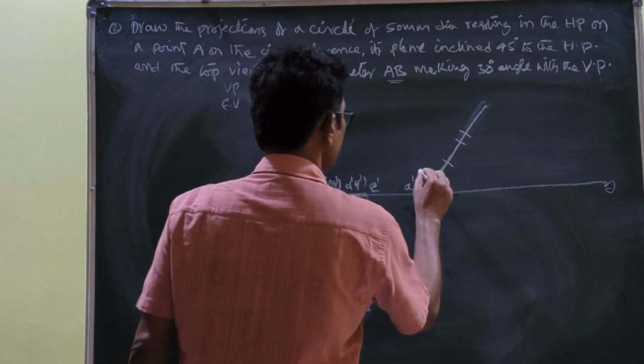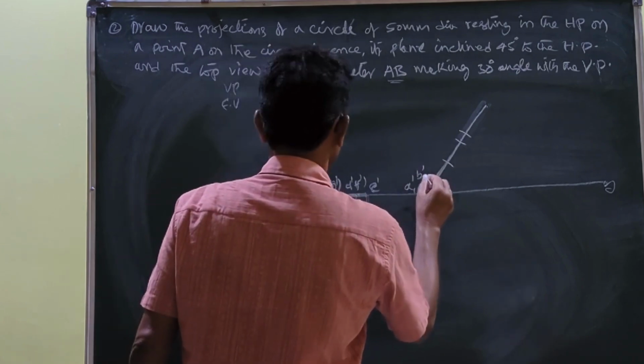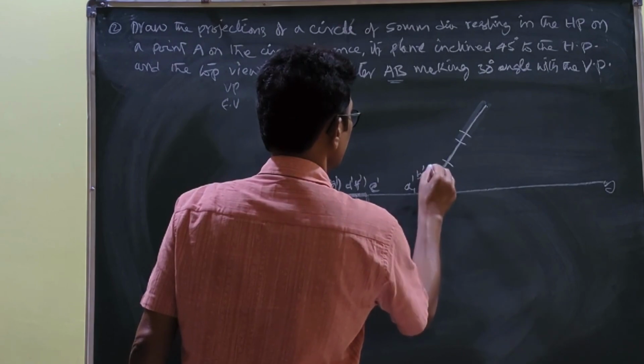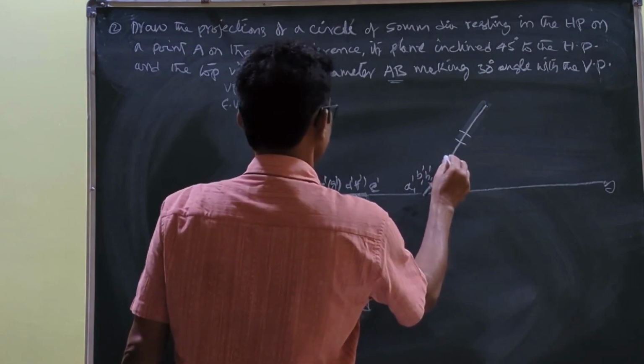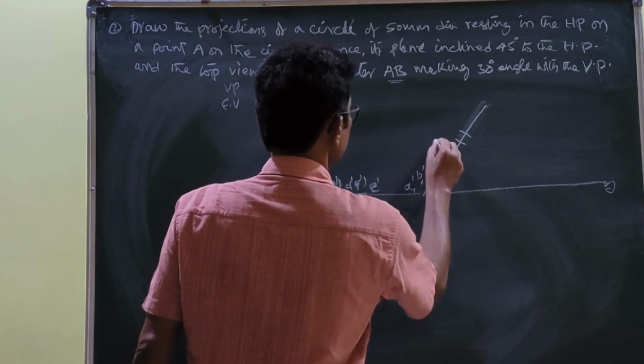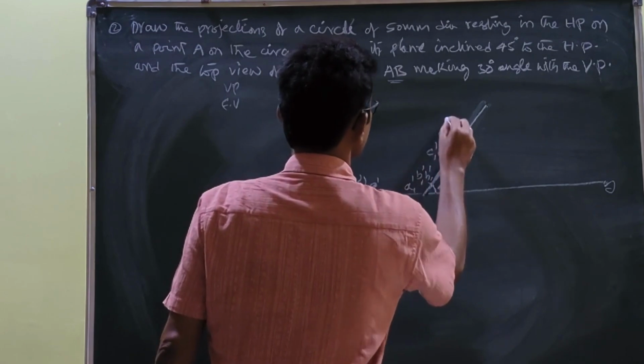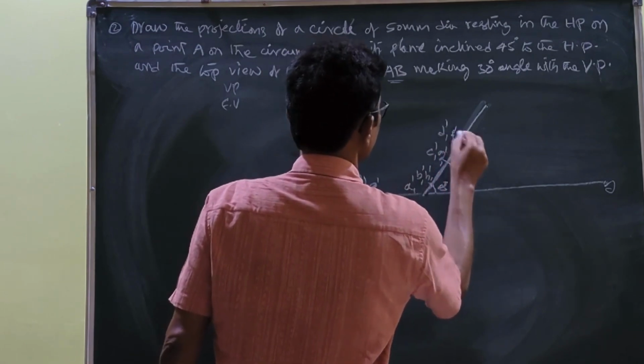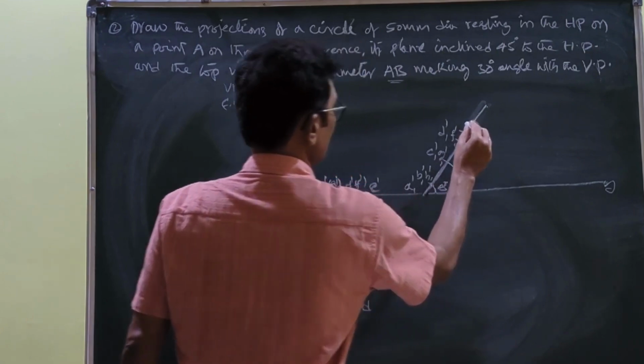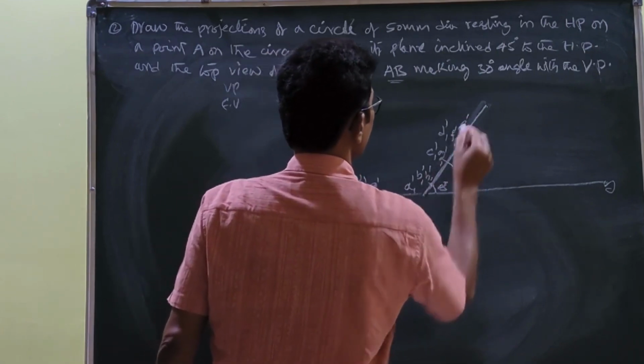You name it: this is B1 dash, H1 dash. This point is C1 dash, G1 dash. This point is D1 dash, F1 dash. This point is E1 dash.